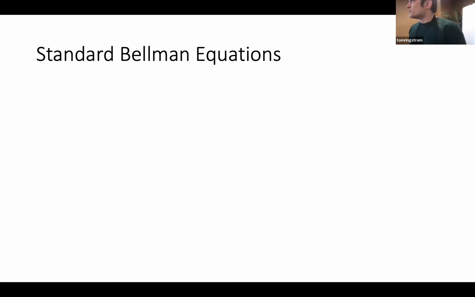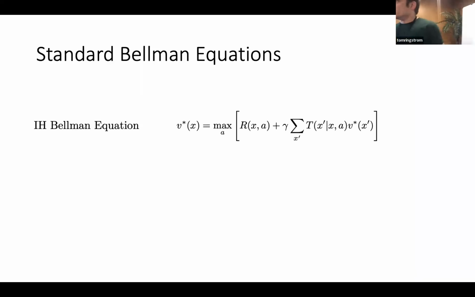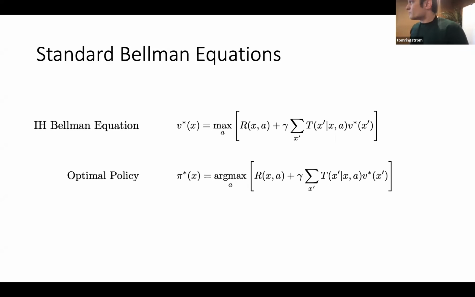We're all very used to the standard infinite horizon discounted Bellman equations, where you have an optimal value function, which is just the reward you get at some state action, plus the expectation of the future discounted. And you'll have an optimal policy based on that.